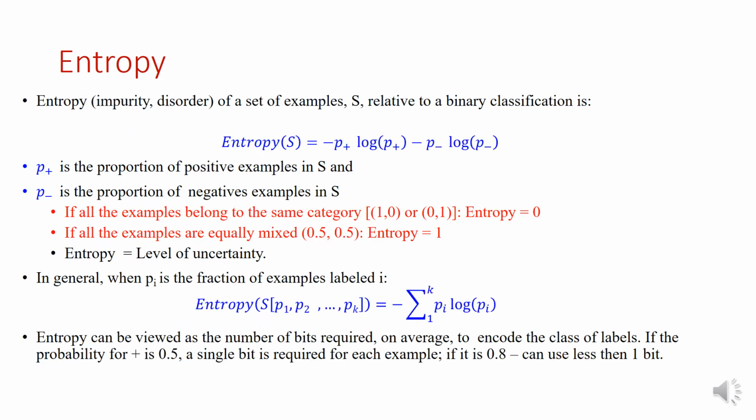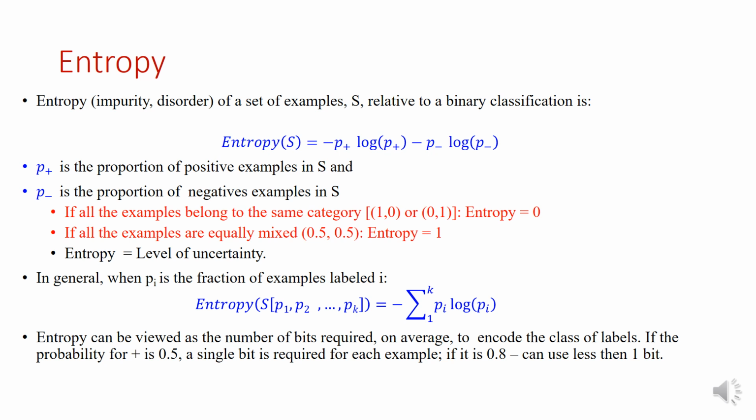Now, to calculate the entropy, that is the impurity or the disorder of a set of examples S related to binary classification, entropy(S) is equal to minus P plus log P plus, minus P minus log P minus.